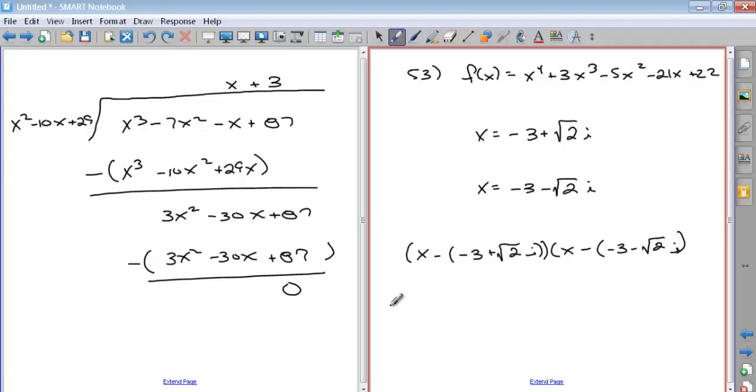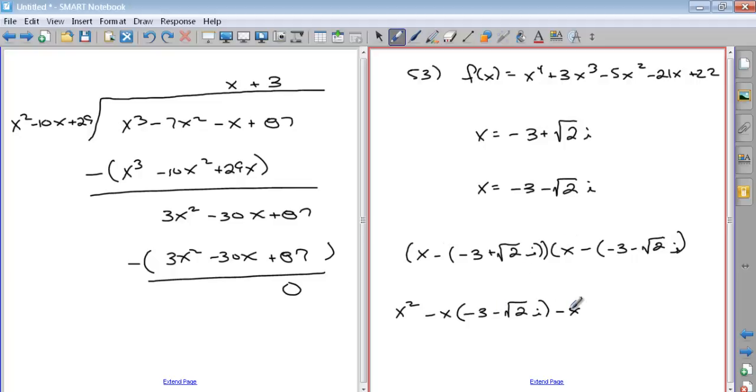So using FOIL, and I'll do this one out completely, you're going to have x times x, which is x squared. Let's do the outer first. So you're going to have -x times -3 minus the square root of 2i, and then you'll do the inner, which will be negative still.